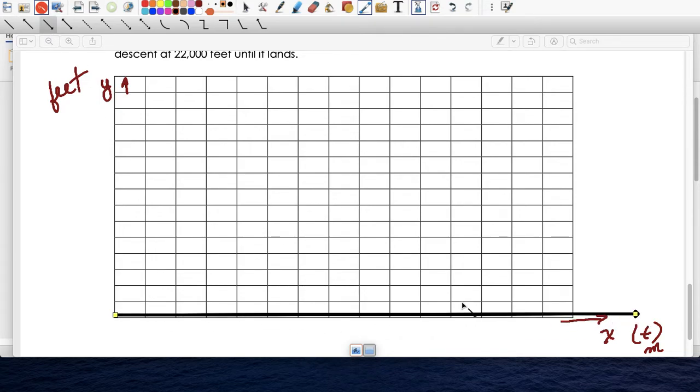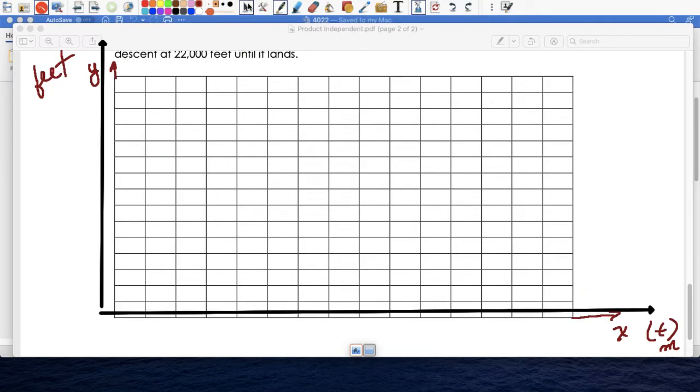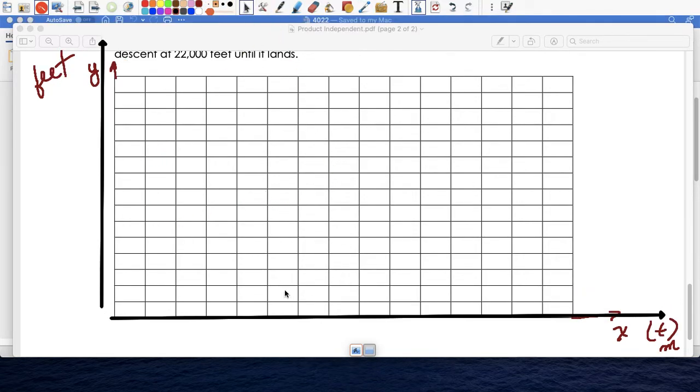Right, oops. And then I need another one that goes over here, okay? So 22,000. Let's see, what would I do? Let's see, 22,000: 2, 4, 6, 8, 10, 12, 14, 16, 18, 20, 22. All right, good. This is 0.